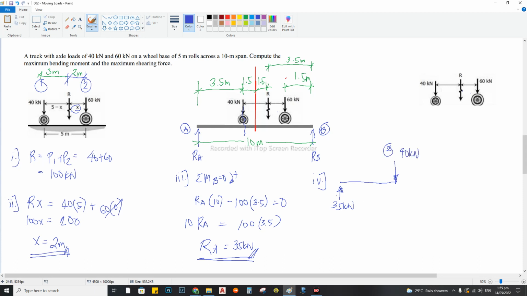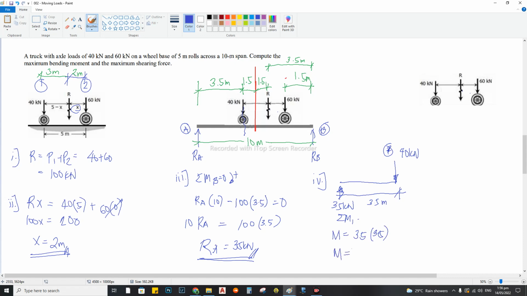So si reaction at A is 3.5 meters from axle 1. If we sum moment at axle 1, so we will have a moment is equal to 35 kilonewtons times 3.5. So mas dali siya.